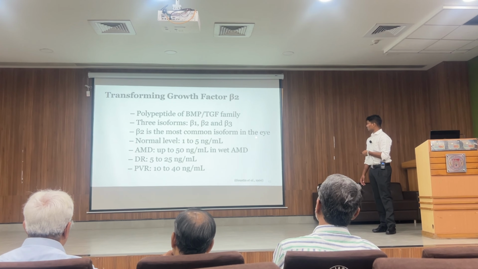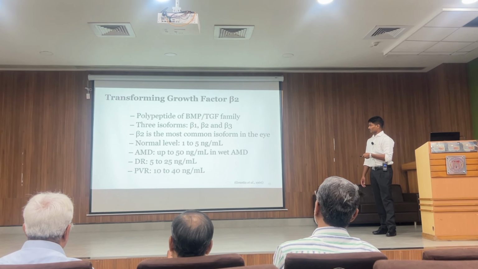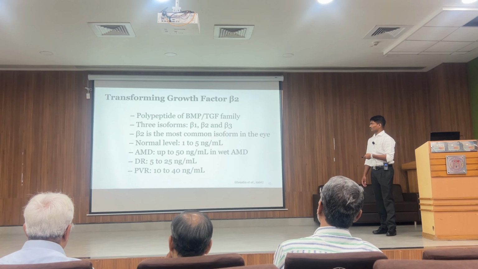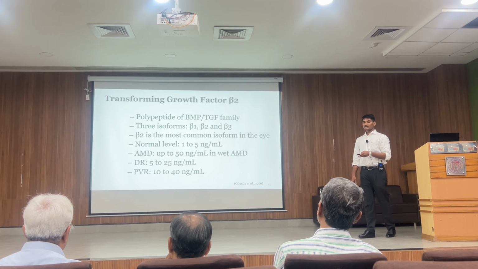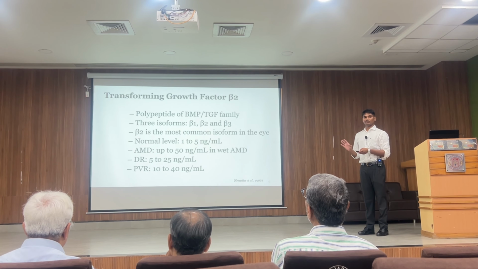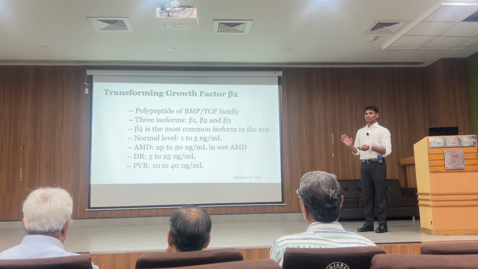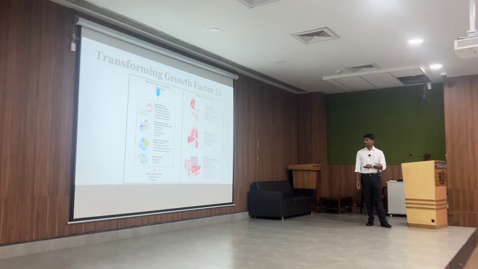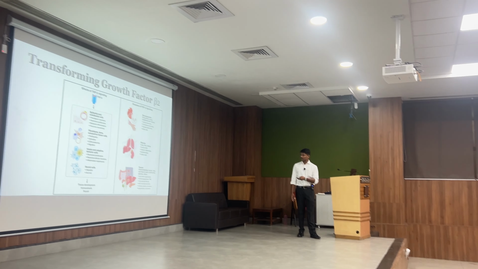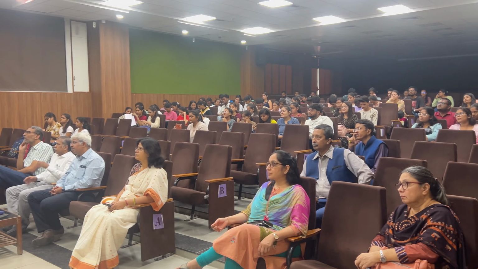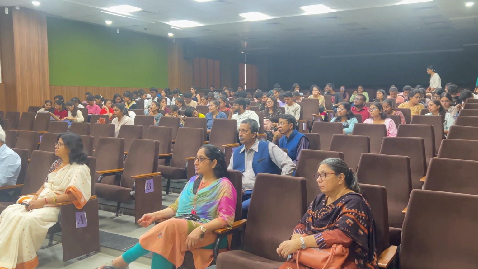But if somehow the level of TGF beta 2 increases, then that leads to an abnormal condition, particularly here in retinal pigment epithelial cells: elongation of the retinal pigment epithelial cells, which leads to retinopathy condition. In retinopathy condition, TGF beta 2 is found to be greatly increased in the retina and other surrounding parts.